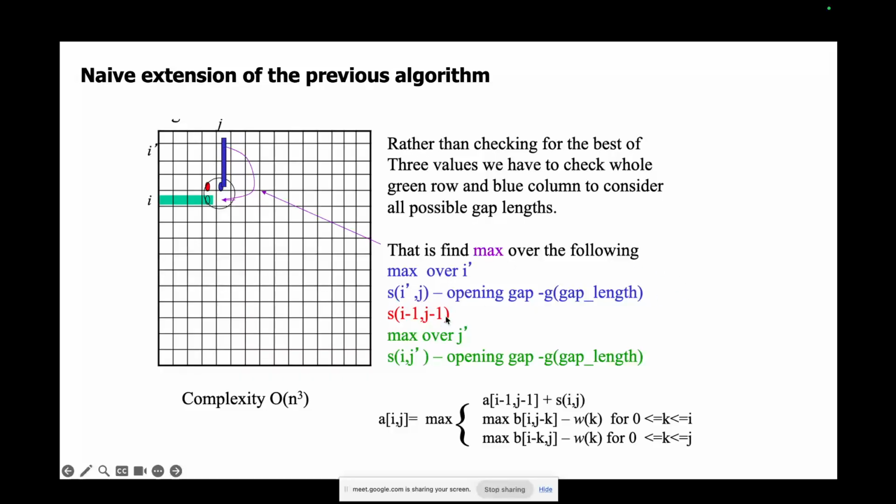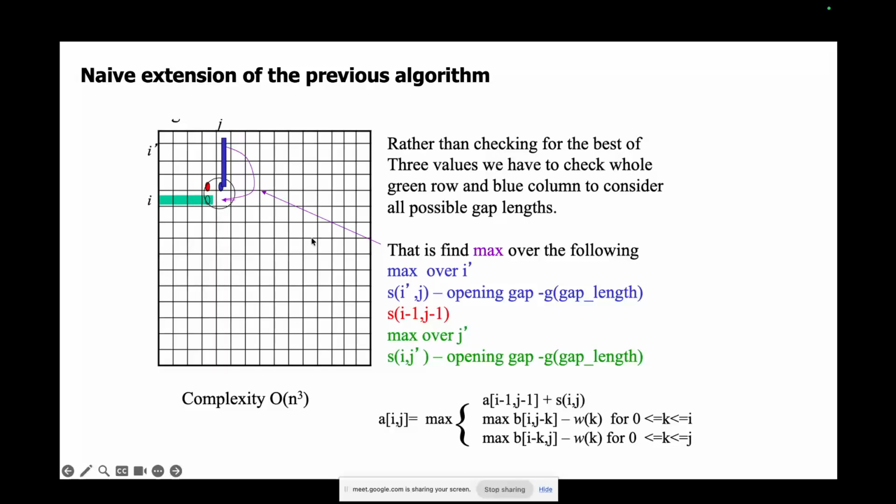You have a score for i minus 1, j minus 1, and you also have a score for this. But what this is saying is basically the maximum over i prime. So you take all the three boxes here. In this case, it is 3. In some cases, it might be 30. You compute for all the 30 boxes there, and you take the maximum over that, right? And similarly for j prime, you calculate all the boxes here.